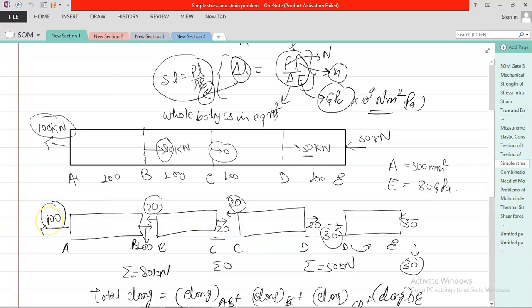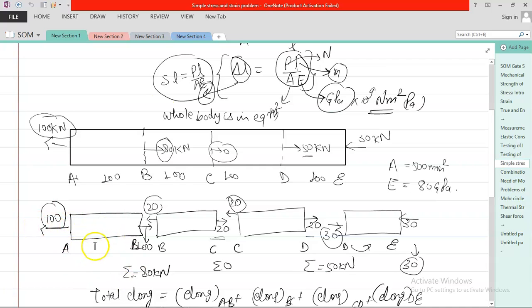I hope you remember this question. What I used to do is I made every system in equilibrium, then I obtained individual elongations and summed them up.